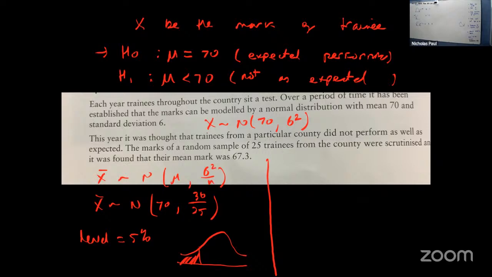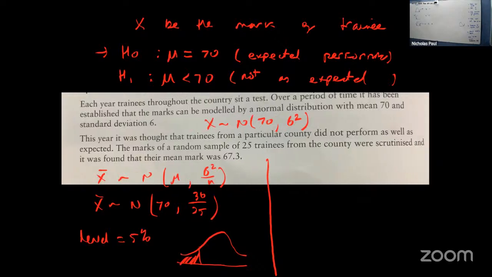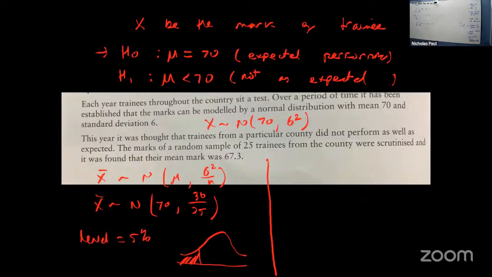So what we have to do now is to use the Z value that will give 0.05. It's a lower tail test, right? We have to figure out this Z value here. It will be a minus, it's on the left side.